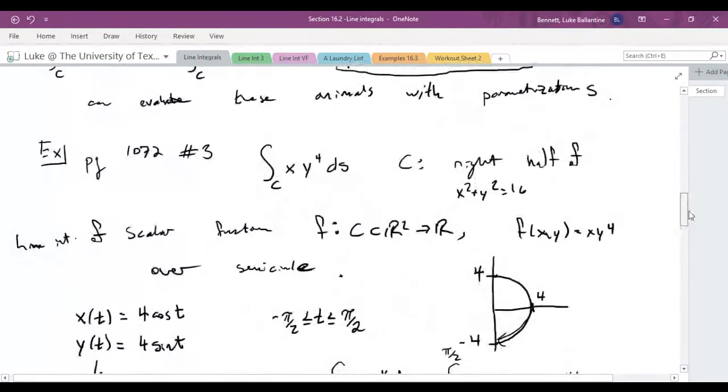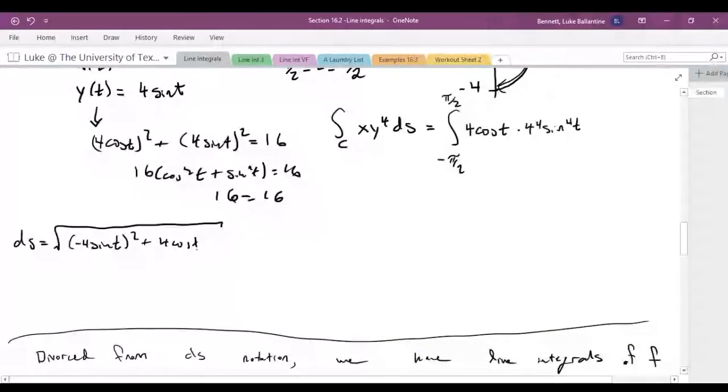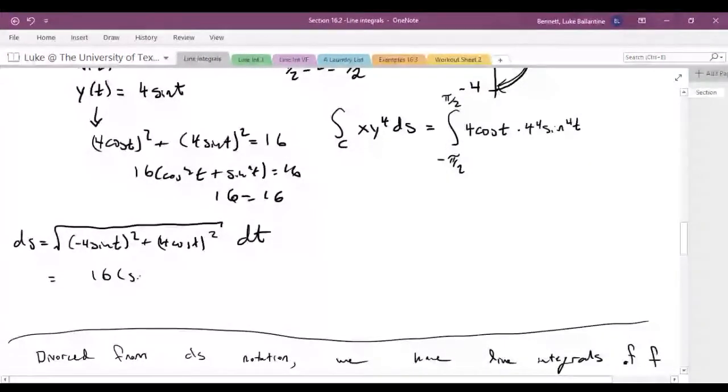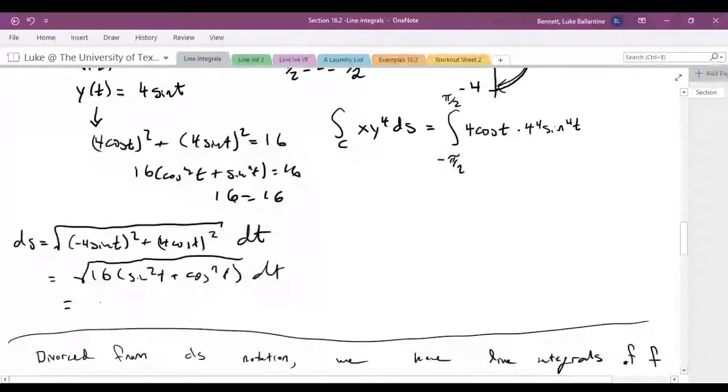and then let's go ahead and calculate ds off to the side. So ds is the square root of x prime squared, which would be negative 4 sine t squared, plus y prime squared, 4 cosine t squared. So this is equal to the square root of 16 times sine squared plus cosine squared, which is just 4.